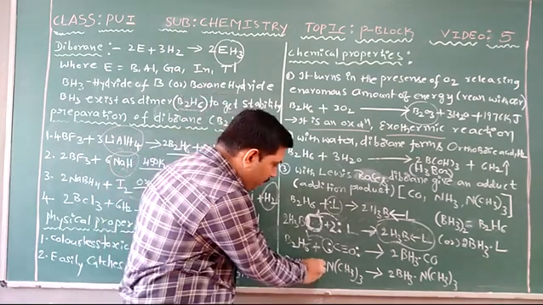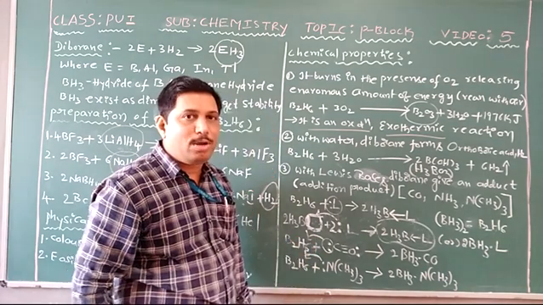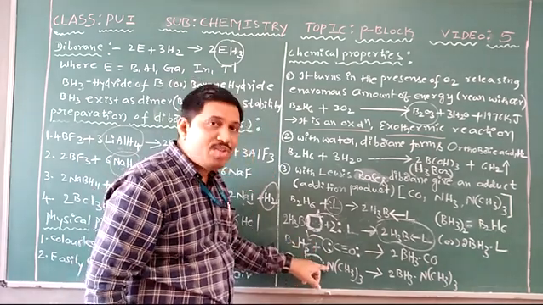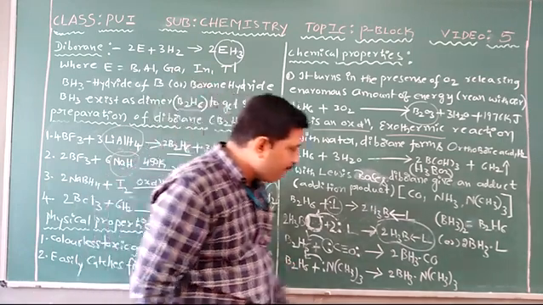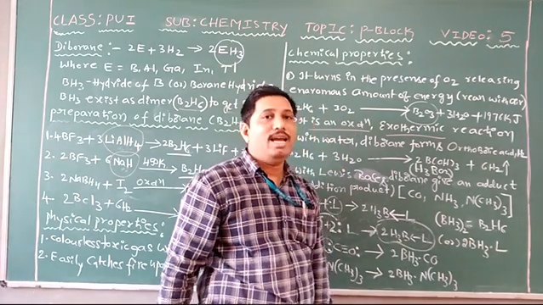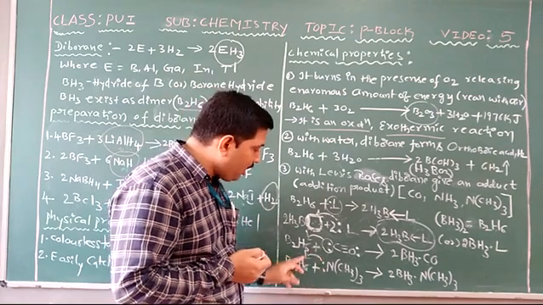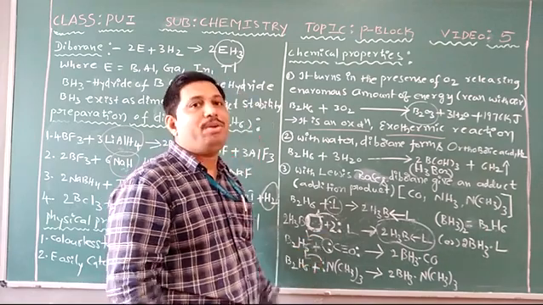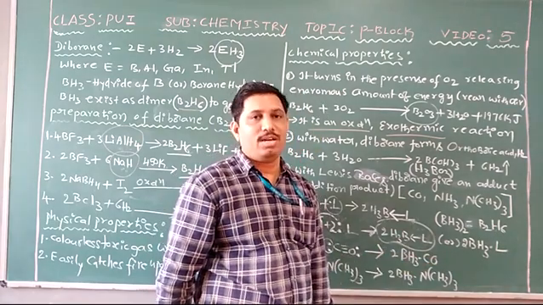There is a formation of a coordinate covalent bond between the nitrogen atom and the boron atom of diborane. It can form 2BH3·N(CH3)3. Here also there is a formation of a coordinate covalent bond between these two. That is an addition product, or adduct.